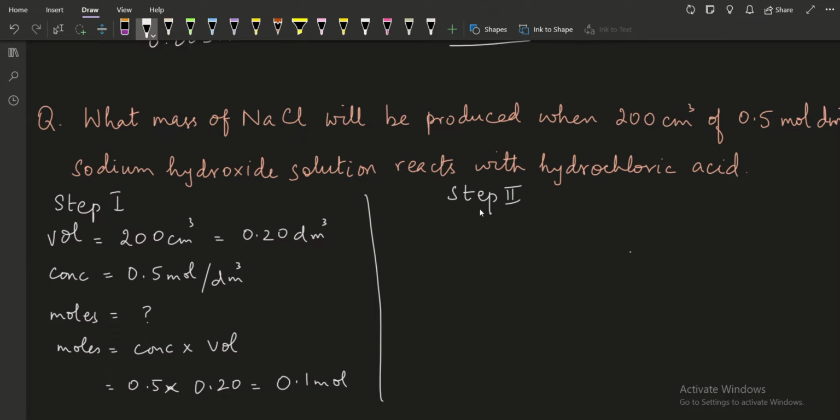For that we need to write the balanced chemical equation. We have to write the reaction between sodium hydroxide and hydrochloric acid. The salt will be sodium chloride plus water.